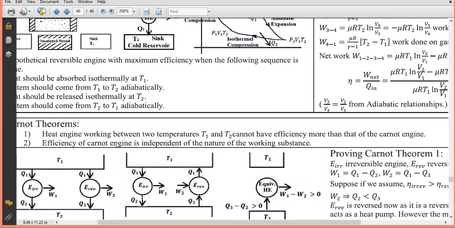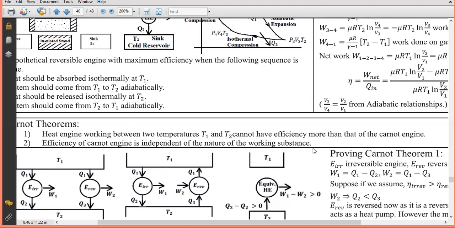However, the efficiency of a Carnot engine is independent of the nature of the working substance. So what it means is, it doesn't matter what kind of working substance or what kind of fuel you have inside, you will get the same efficiency provided you produce the same temperatures.